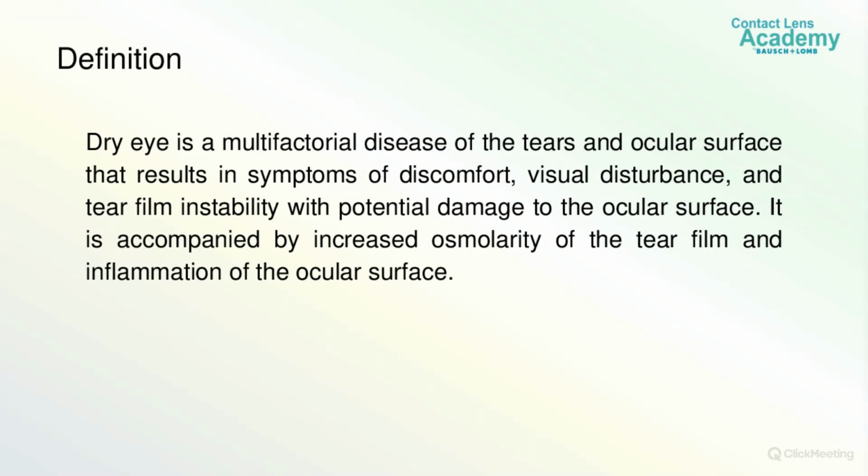Dry eye is a multifactorial disease of the tears and ocular surface that results in symptoms of discomfort, visual disturbance, and tear film instability with potential damage to the ocular surface. It's accompanied by increased osmolarity of the tear film and inflammation of the ocular surface.